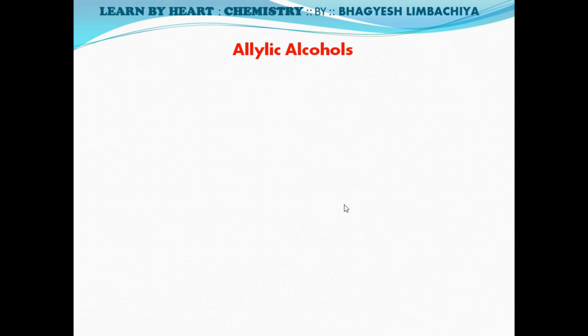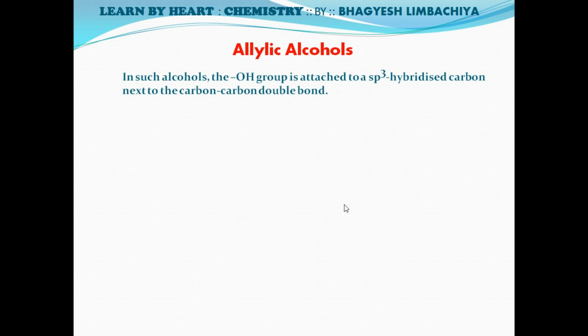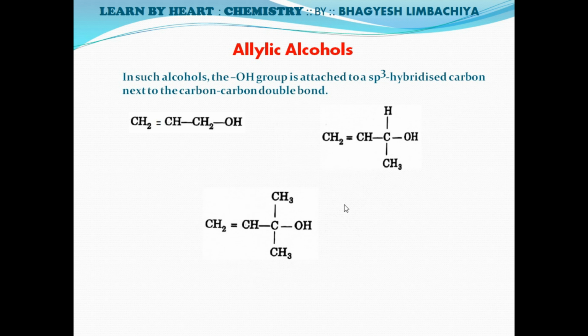Now consider another example, that is allylic alcohols. Allylic alcohol means in such alcohols the OH group is attached to an sp3 hybridized carbon atom, and this carbon atom is attached with a carbon-carbon double bond system. Consider the following examples. First example is primary allylic.